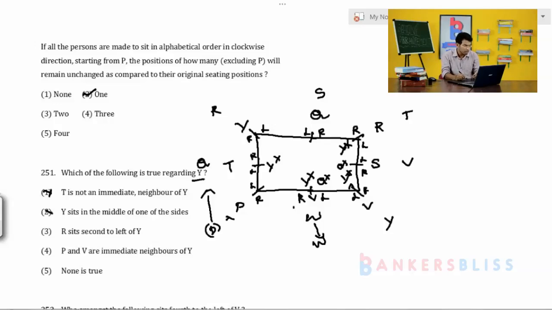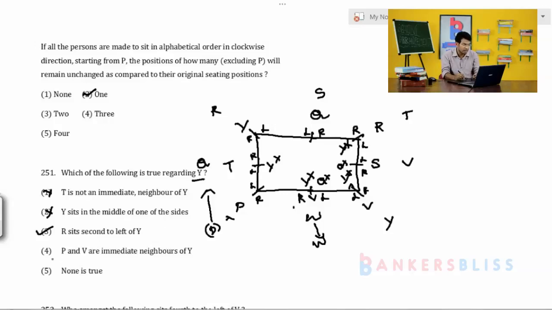Next, R sits second left of Y. Look here. Y's first left and second left: R should be here. Once again I am repeating, Y's second left is R. Definitely this is the true statement, because R sits second left of Y.